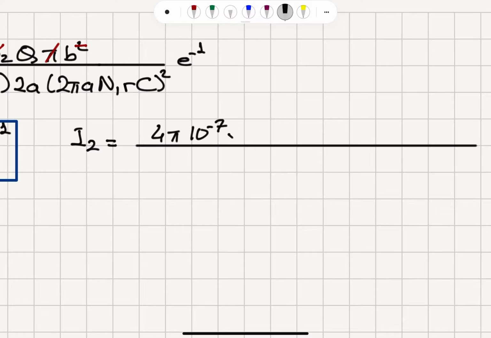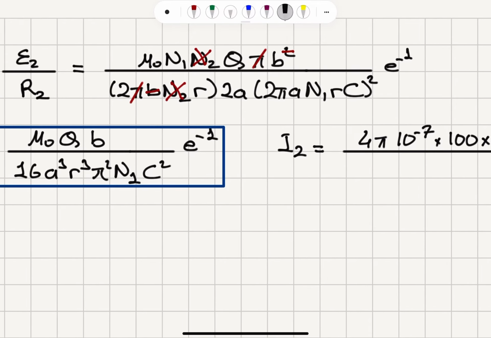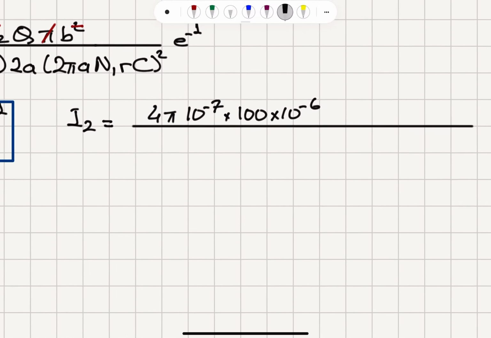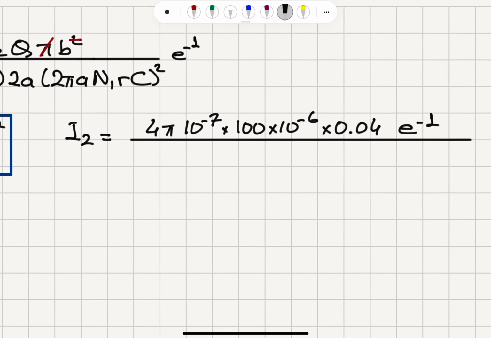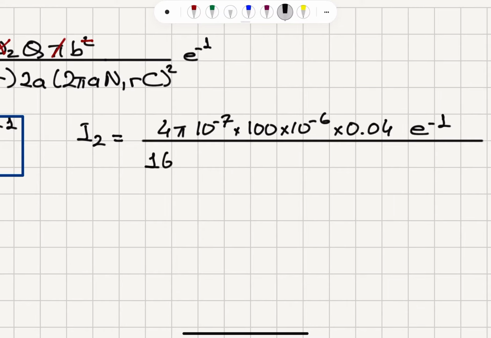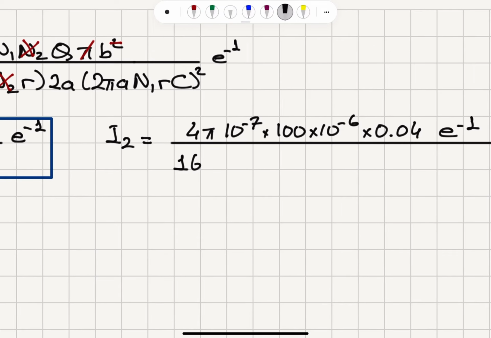The Q was 100 microcoulombs, 10 to minus 6. b, the radius of the smaller coil, is 0.04 meters, 4 centimeters. Then I have e to the power minus 1, 16 a cube, 0.4 meters cubed.